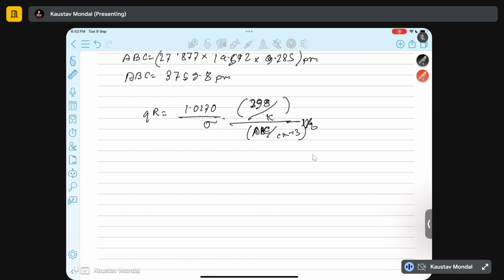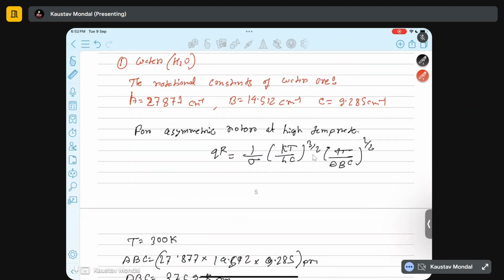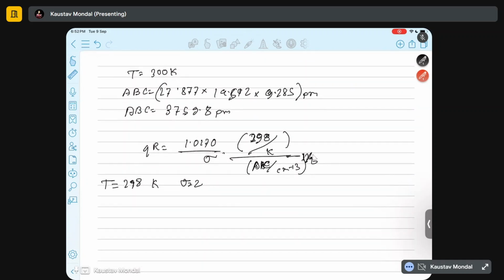Okay, now if you substitute all the parameters supplied in the problem, T equal to 298 Kelvin, sigma equal to 2, as this is a heteronuclear H2O, so we will be using sigma equal to 2.